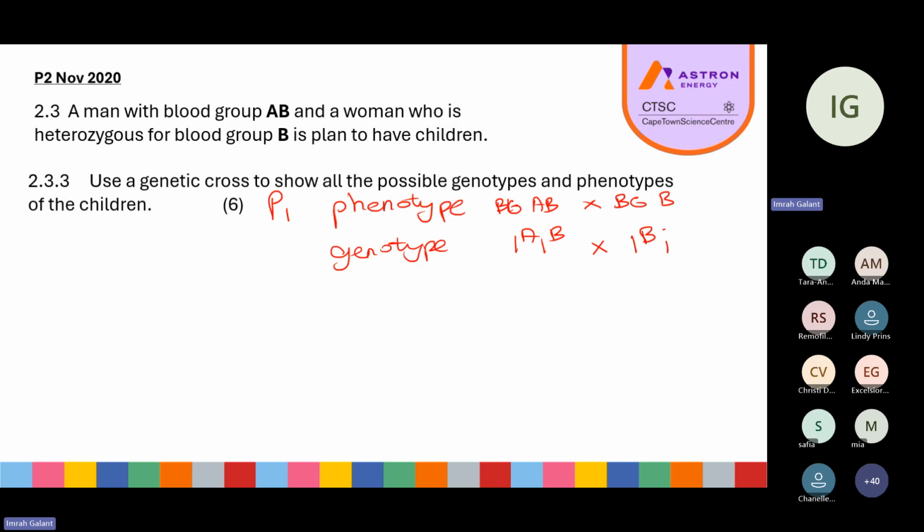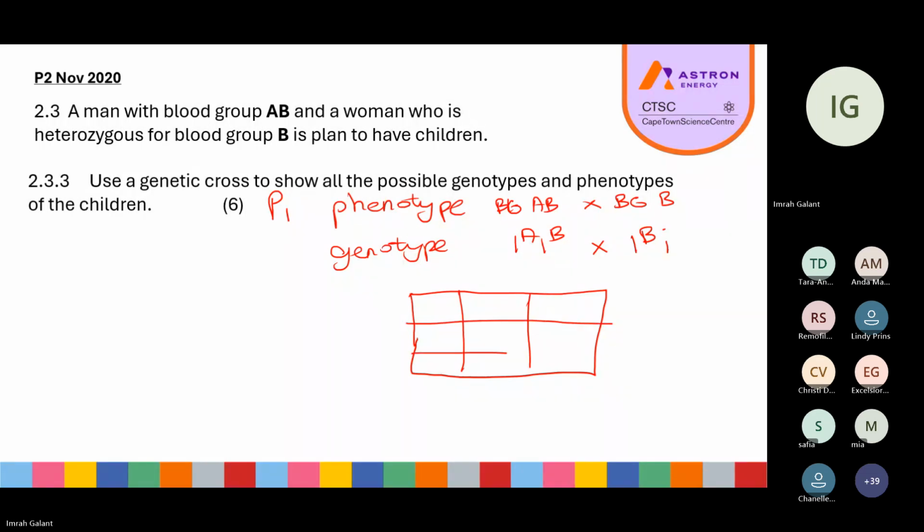Now we are going to cross these two pairs together. Like I said, I prefer doing the Punnett square, so let's just draw that out. On the side we're going to write meiosis. Meiosis occurred to form the different gametes that we're going to mention.